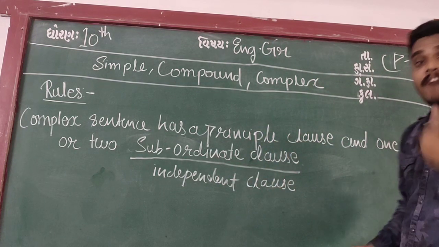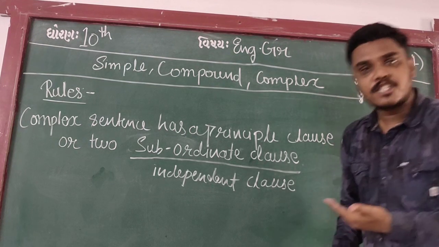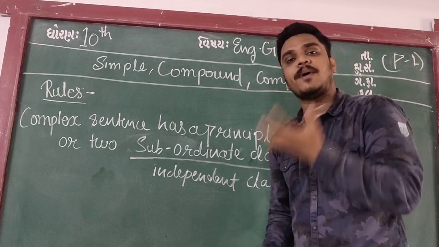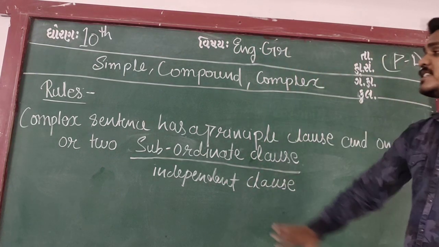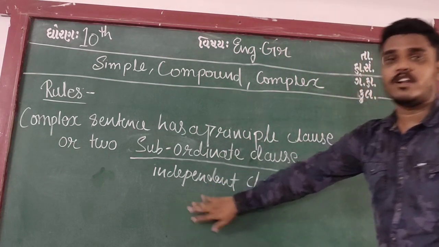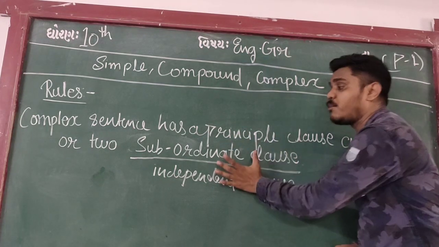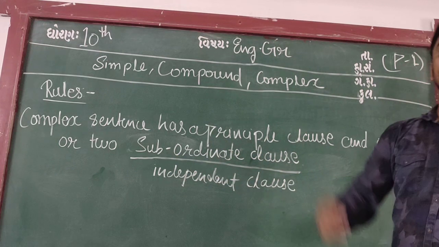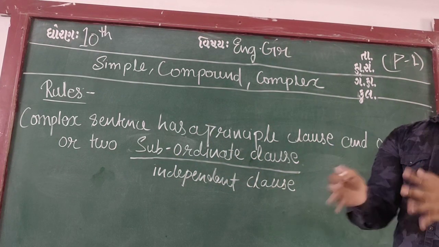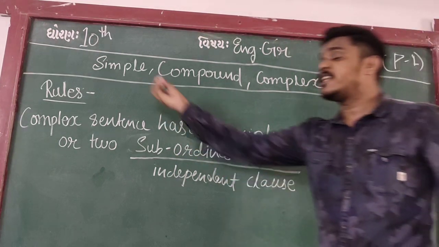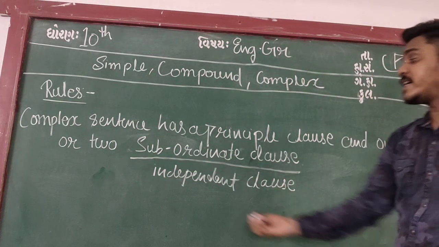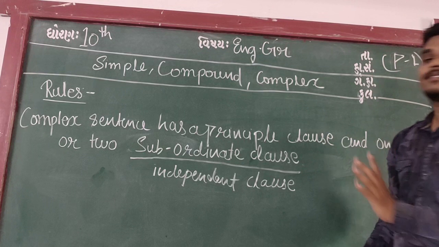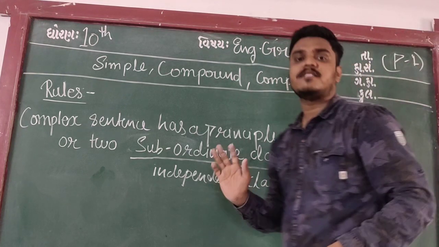With examples, I'll make sure you get the exact point of simple, compound, complex. You must know what a subordinate clause is and how to use it, and in which sentence, compound or complex. Just remember that in a complex sentence, a subordinate clause, that is an independent clause, is used. Now let's take an example to understand this point.